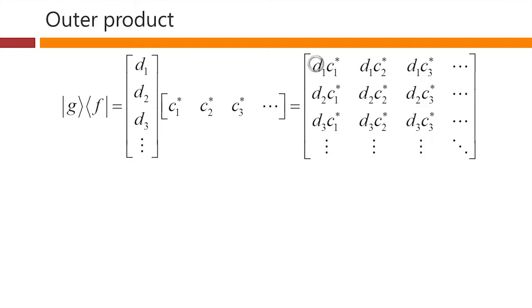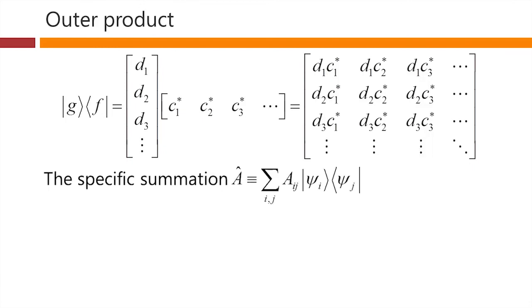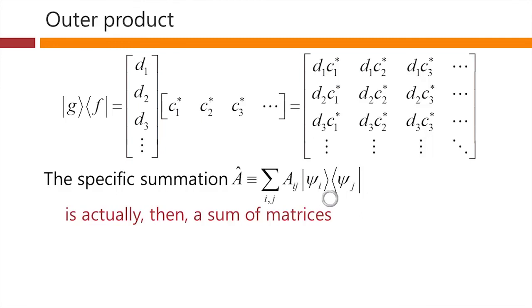So you see that this element of the matrix is this first row element here times this first column element, and so on. You can find where all of these elements come from in this outer product multiplication. So this specific summation here is actually then a sum of matrices. Each one of these objects here, these outer products, is actually a matrix.